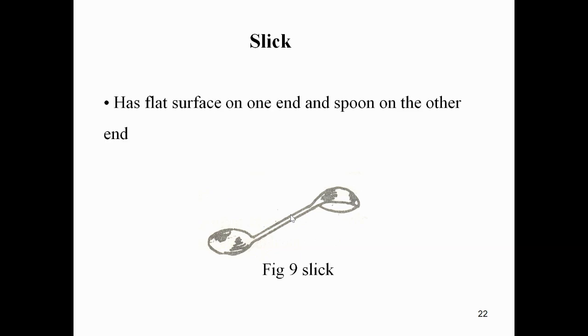If we observe this figure, one end of the slick has a flat surface and the other end has a spoon. It is used for patching and smoothing the mold.